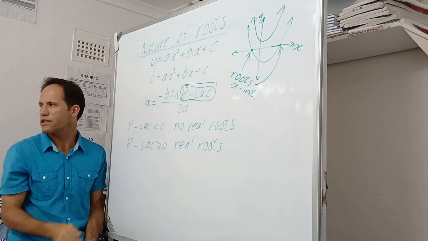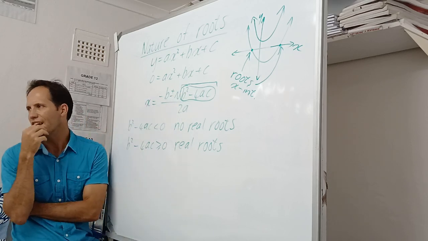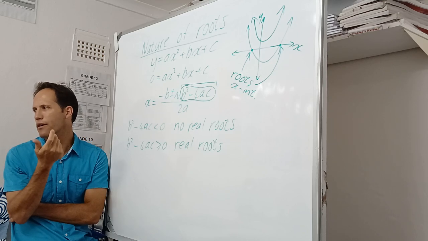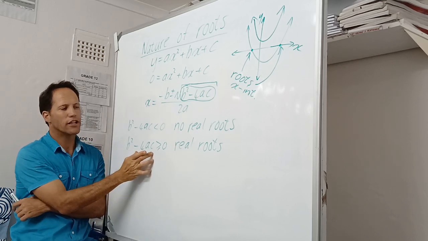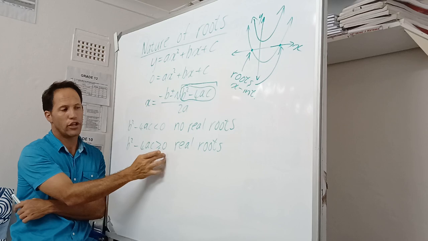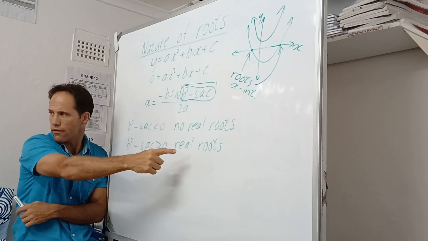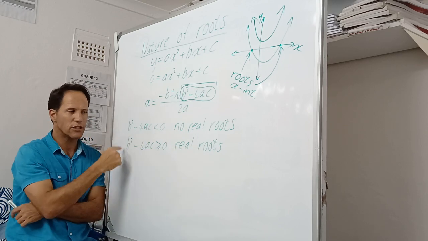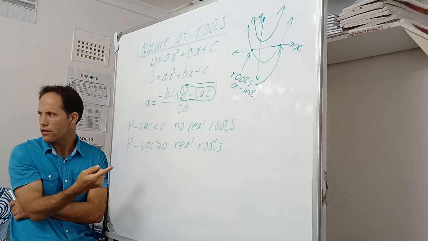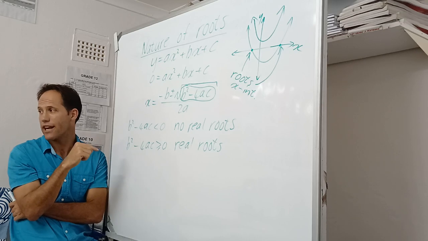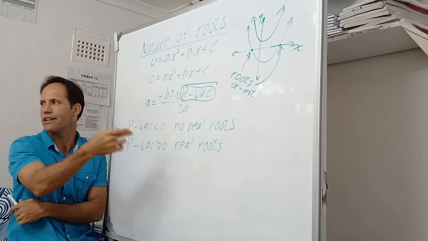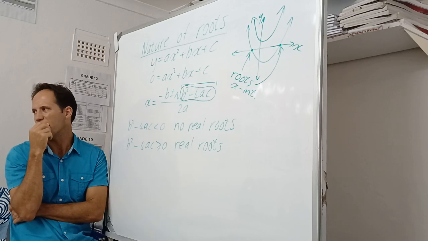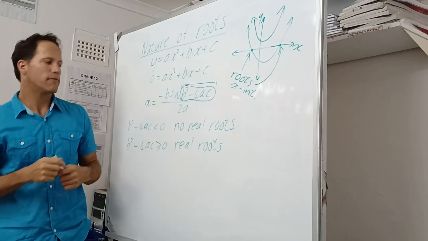Then you get a fraction, which is rational. Okay, if it's a fraction, it's a rational number. So when b squared minus 4ac is bigger or equal to 0, you know it's real. And if this part is a perfect square number, then it's rational also. So it's real and rational. Okay, so that is what can happen.